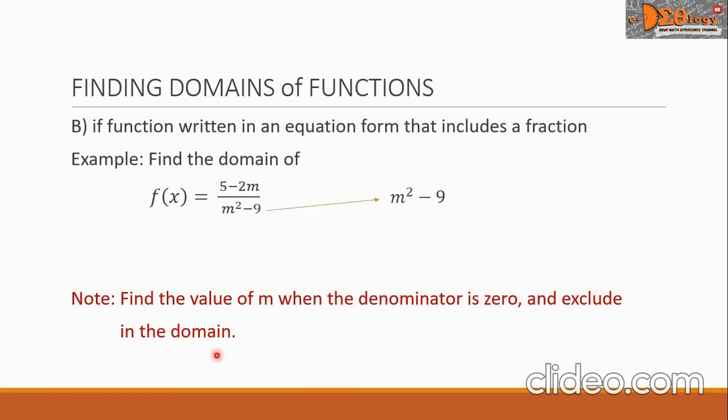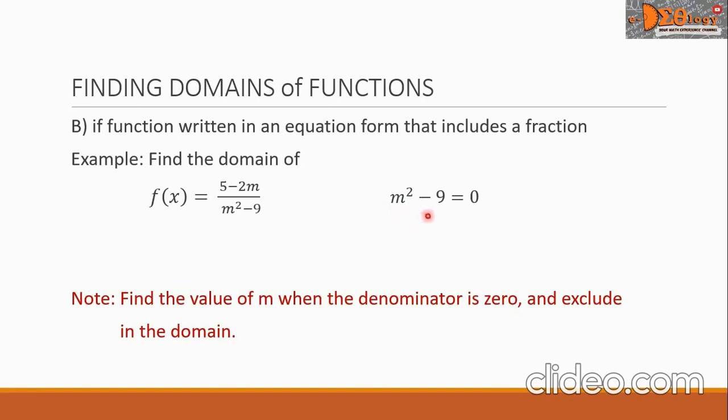So what we'll do, we will write the denominator here, and then we will equate this to 0. After that, we will solve for m. So our equation here is m squared minus 9 equals 0. We will use factoring to find the value of m.